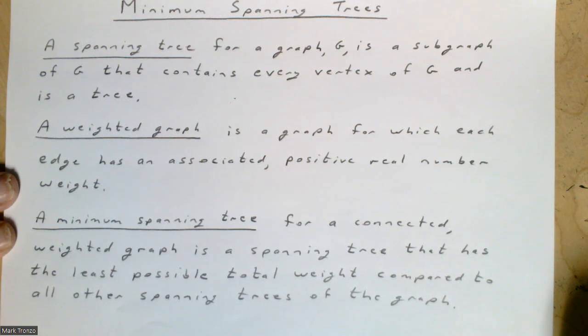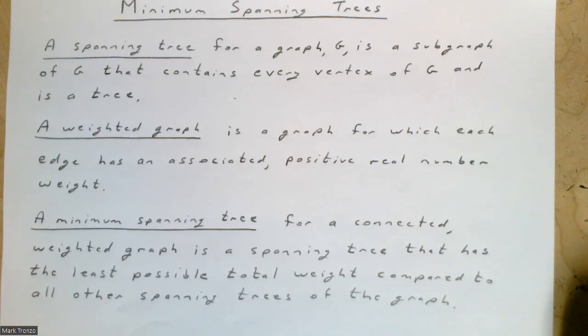So those are definitions. So we have a spanning tree. Again, a spanning tree contains every vertex and it is a tree. So basically what it implies is you can get to every vertex by going along the edges somewhere.